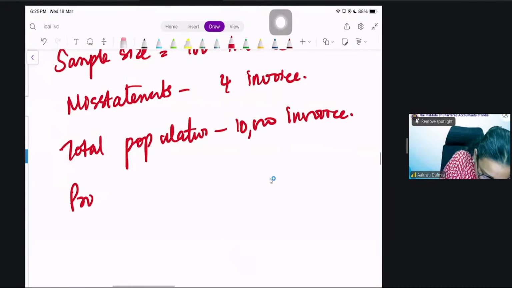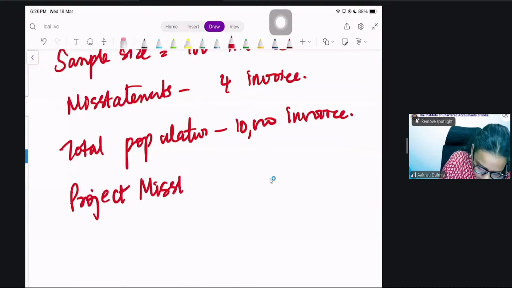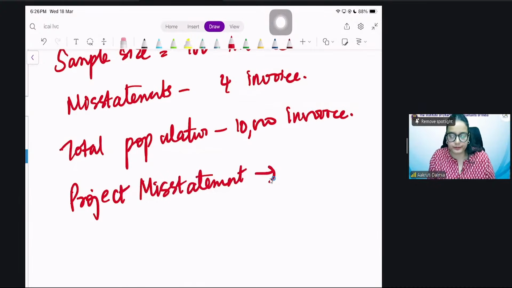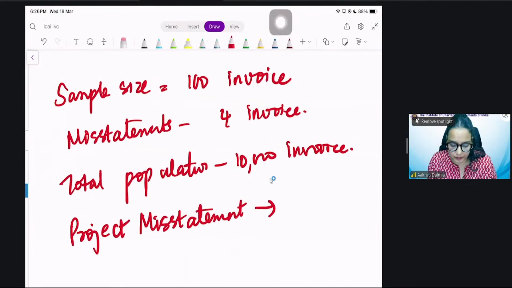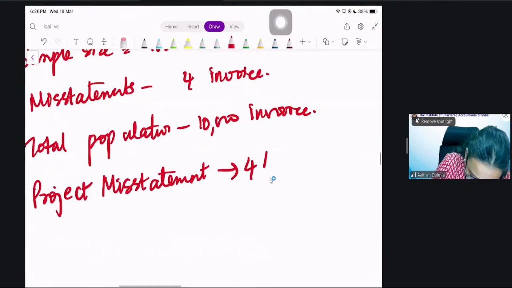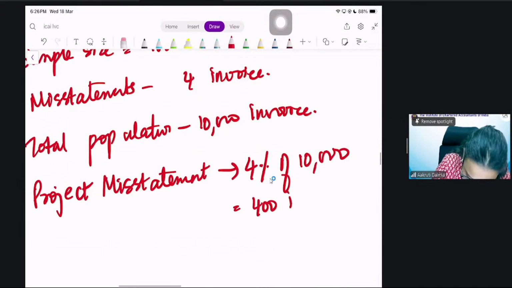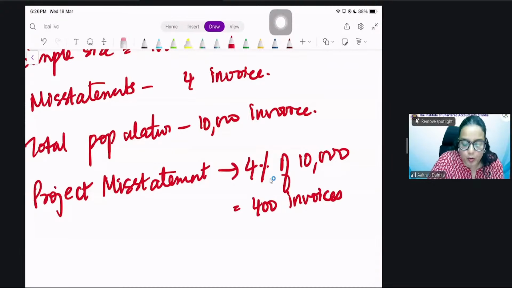Then what is the projected, this big word I am using as if I'm teaching you a big formula. What will be the projected misstatement? Very good. 4% of 10,000 invoices is equal to 400 invoices. So this can help me know a projected misstatement.